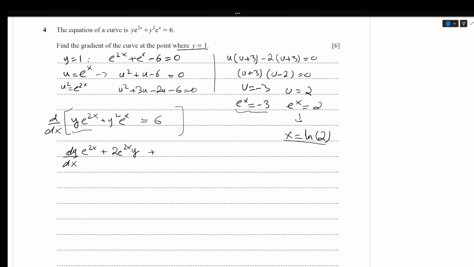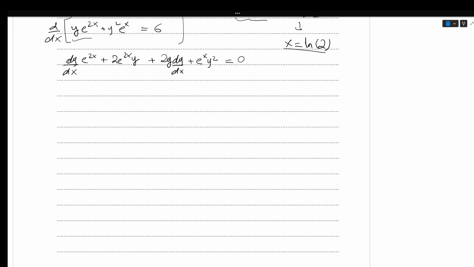Now we need to differentiate y square with respect to x, which is 2y dy by dx. And then we need to differentiate e to the x, which is e to the x. And differentiating 6 with respect to x is just simply 0. Now in this equation we need to put y is equal to 1, x is equal to ln 2.